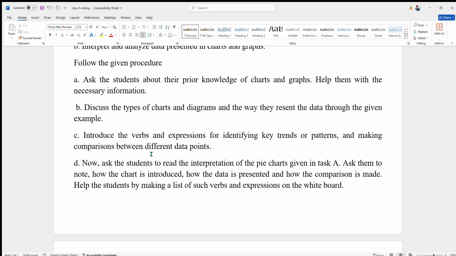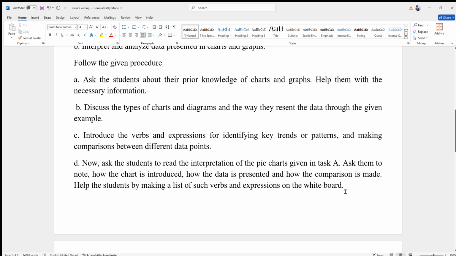First one, examples. Task A is like an example and task B is the real task. That can be classwork or homework. Now ask the students to read the interpretations of the pie charts given in task A. That is given in the book.